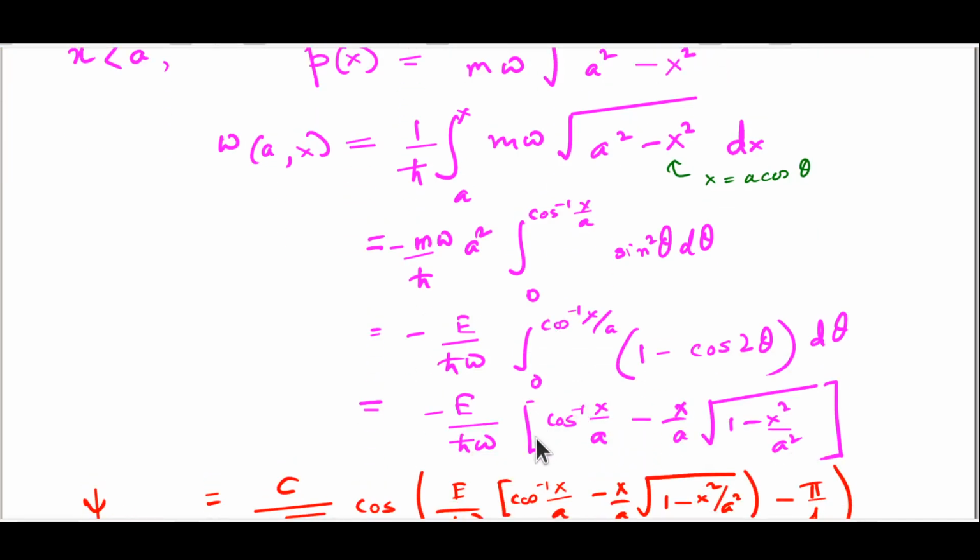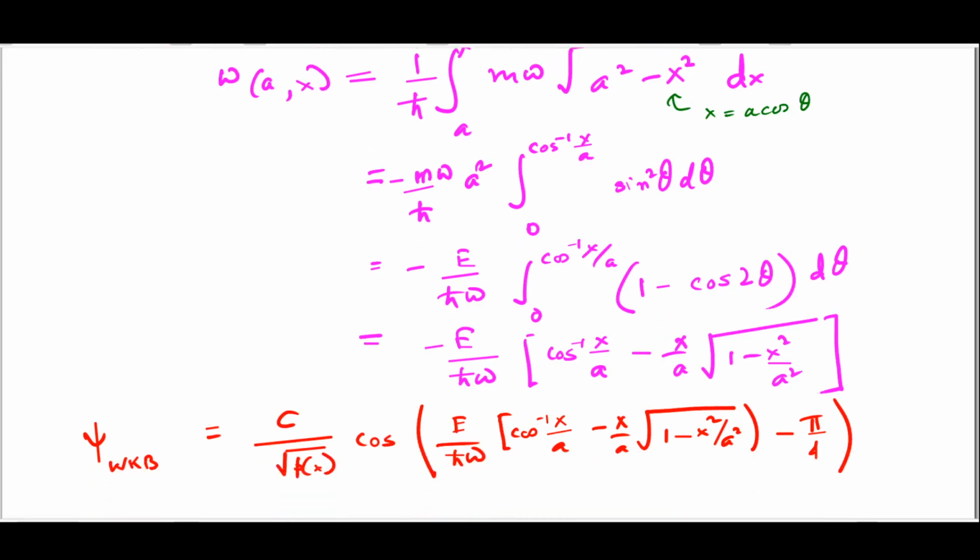Now, let me point out once again that this integrand, the integrand for W a comma x, is definitely positive. However, when you're doing this integral, the upper limit is less than the lower limit, so the integral definitely is negative. And so when you use the connection formula, you have to be very careful.